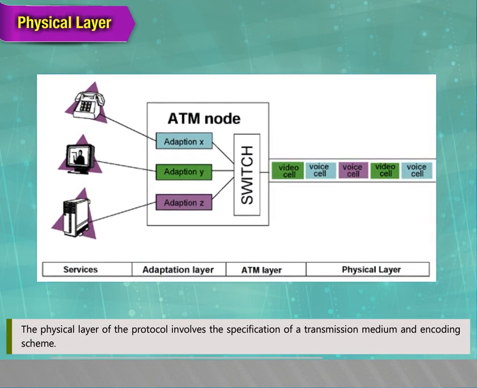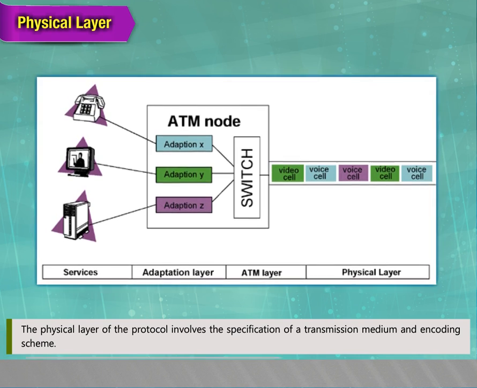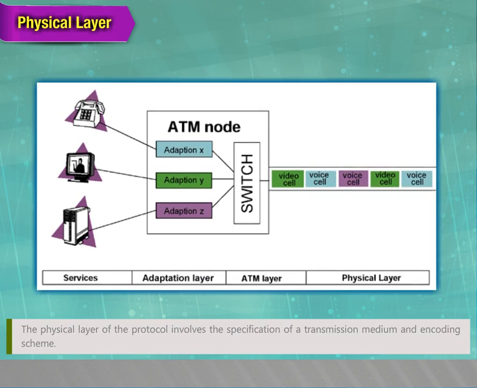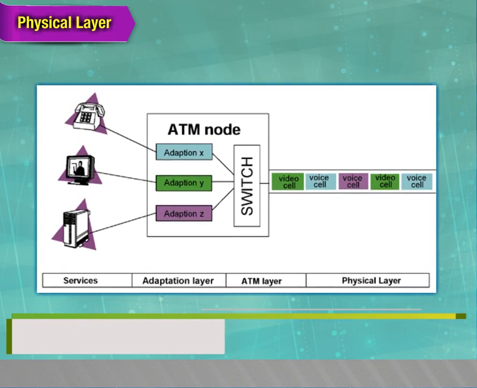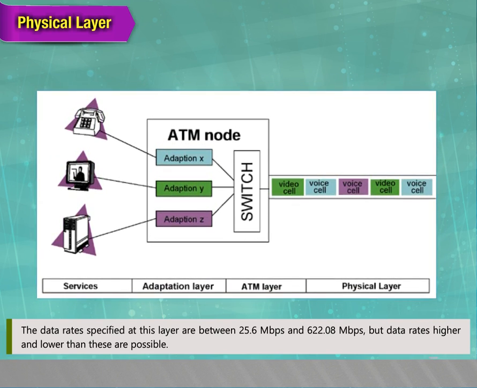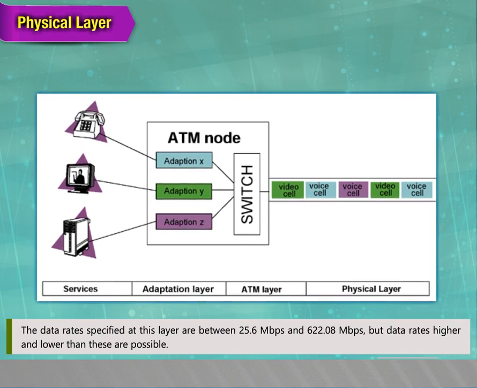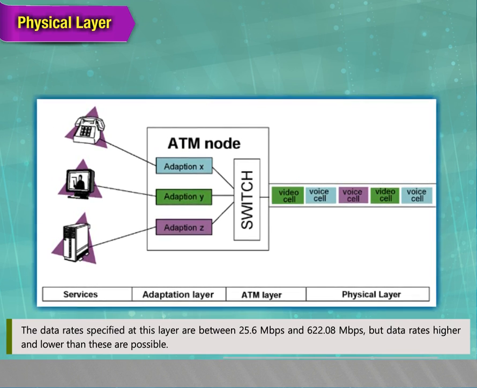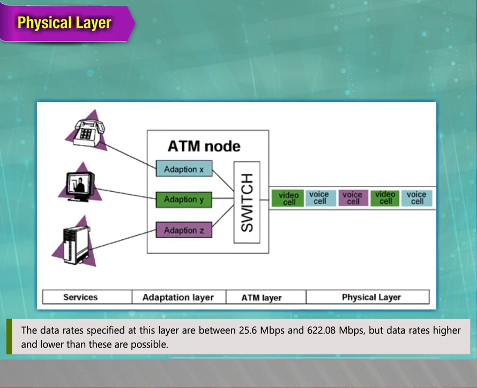The physical layer of the protocol involves the specification of a transmission medium and encoding scheme. The data rates specified at this layer are between 25.6 Mbps and 622.08 Mbps, but data rates higher and lower than these are possible.